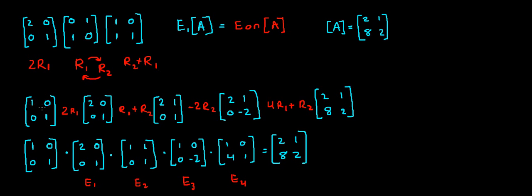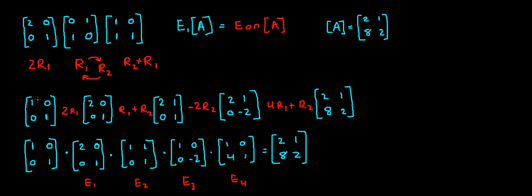Starting from the identity matrix, 2 times row 1 gives 2, 0, 0, 1. Row 1 plus row 2, 2, 1, 0, 1. Minus 2 times the second row, 2, 1, 0, minus 2. And then lastly, 4 times the first row, adding it to the second row, gives 2, 1, 8, 2, matrix A.